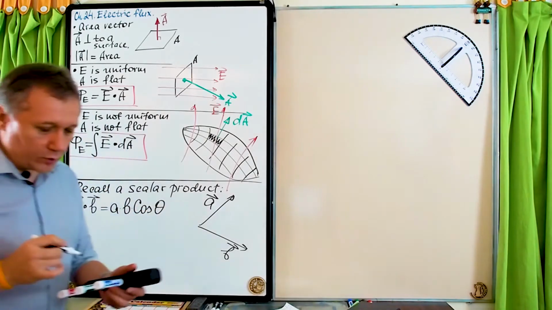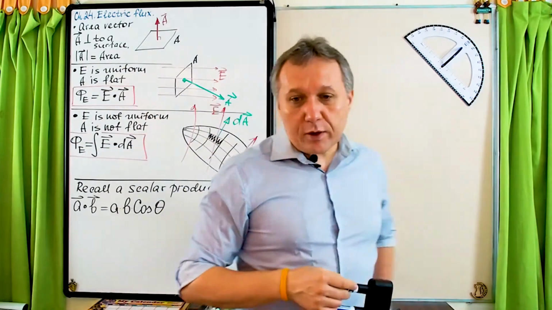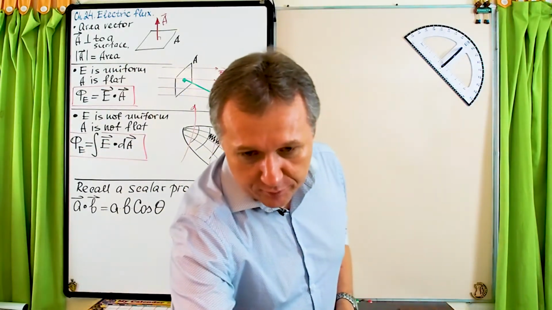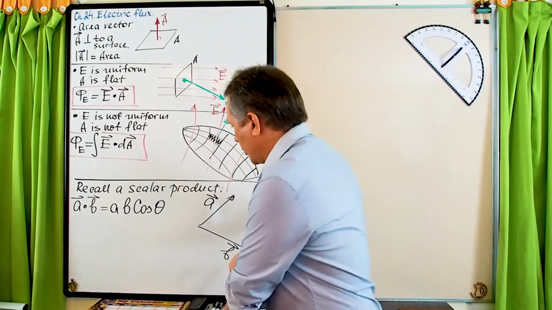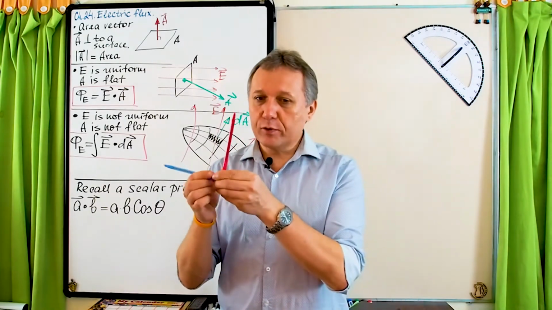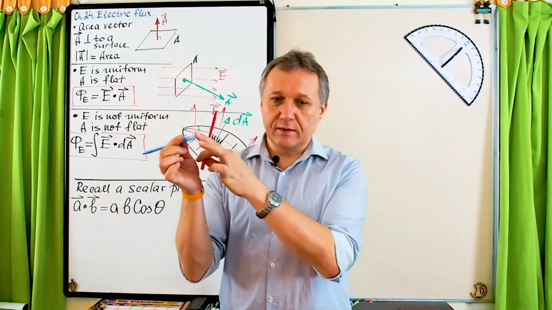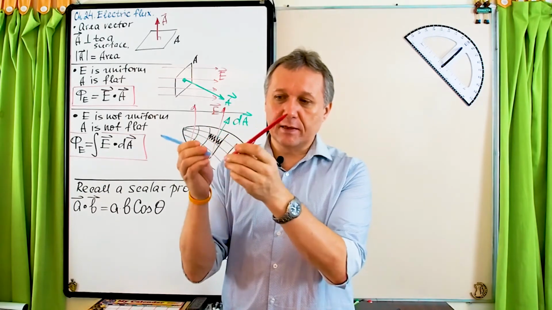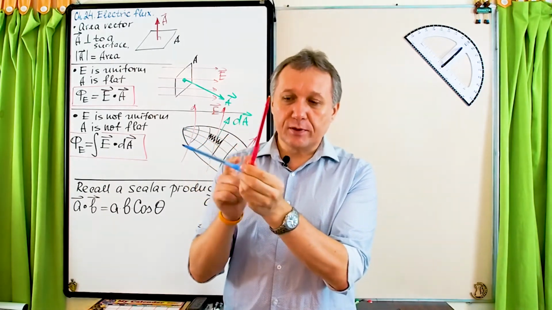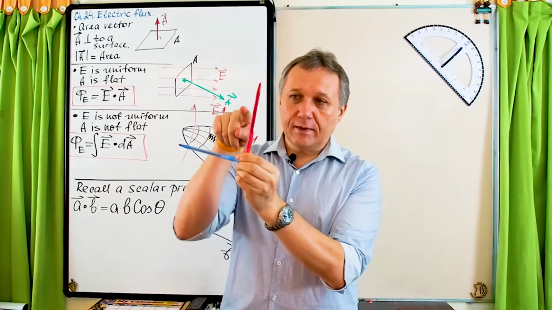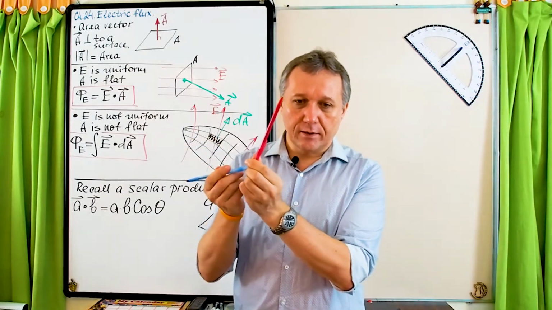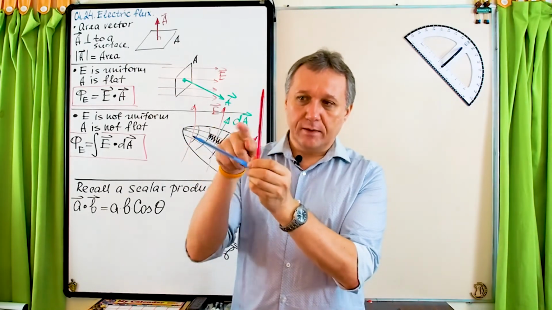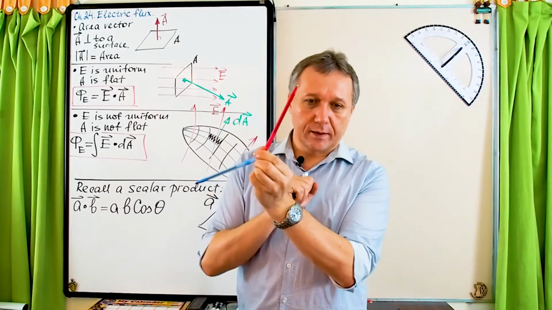And now you need to be careful. How can we find the correct angle between two vectors? You need to position the tails of both vectors at the same point. Let's say this is the tail of the first vector, this is the tail of the second. And the angle less than 180 degrees is the correct angle.